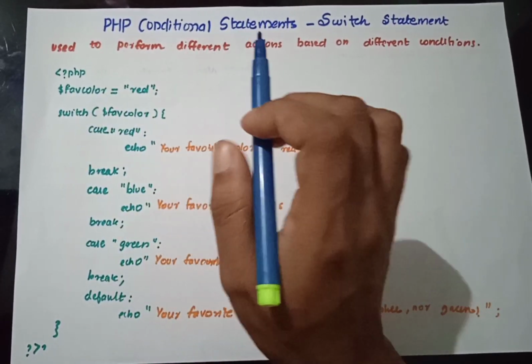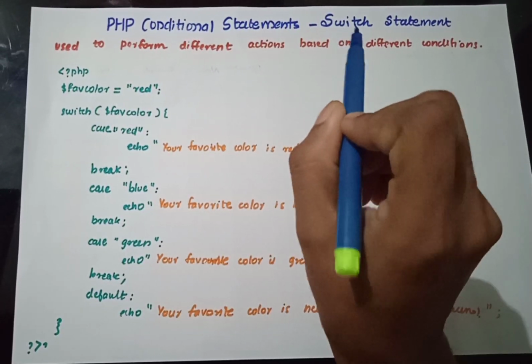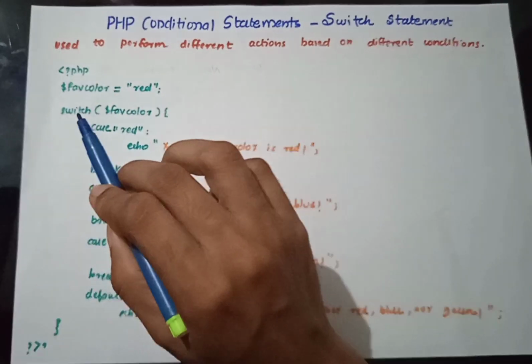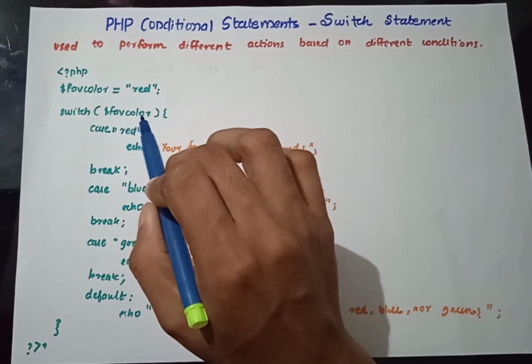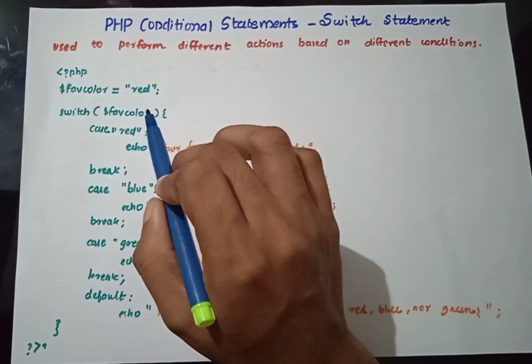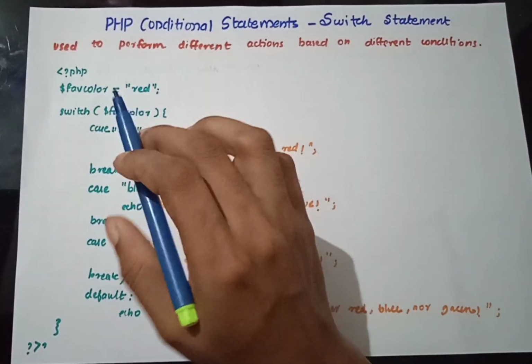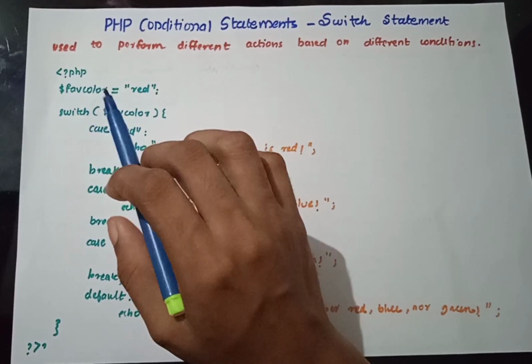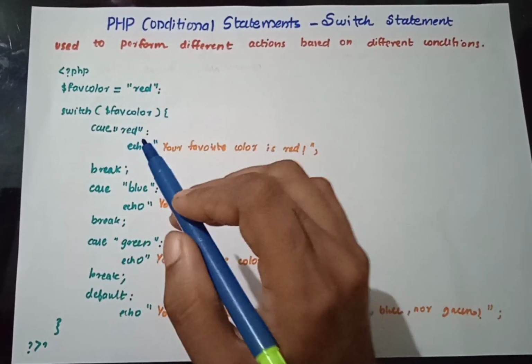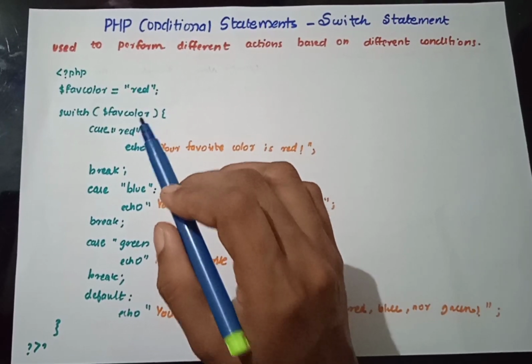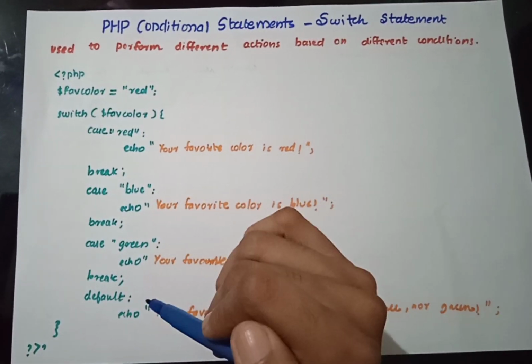Whenever you need to declare a switch statement, firstly you have to write the word switch itself. Then inside the brackets you put the thing that matters in your condition. Here it is favorite color, or favecolor. This variable is the one that decides what action is to be performed.